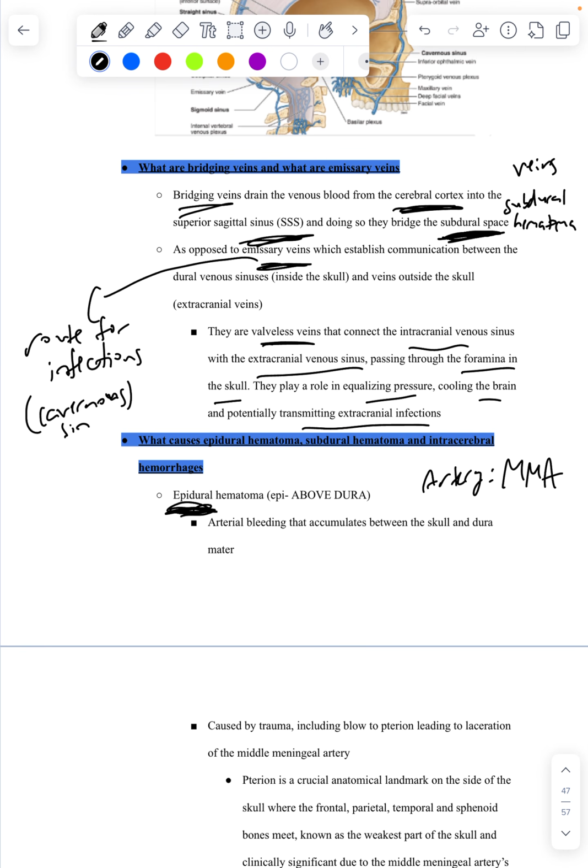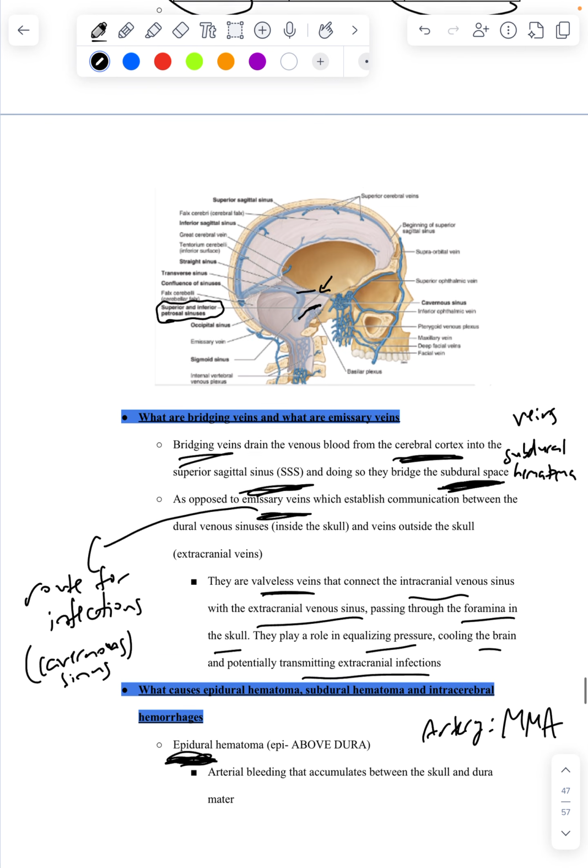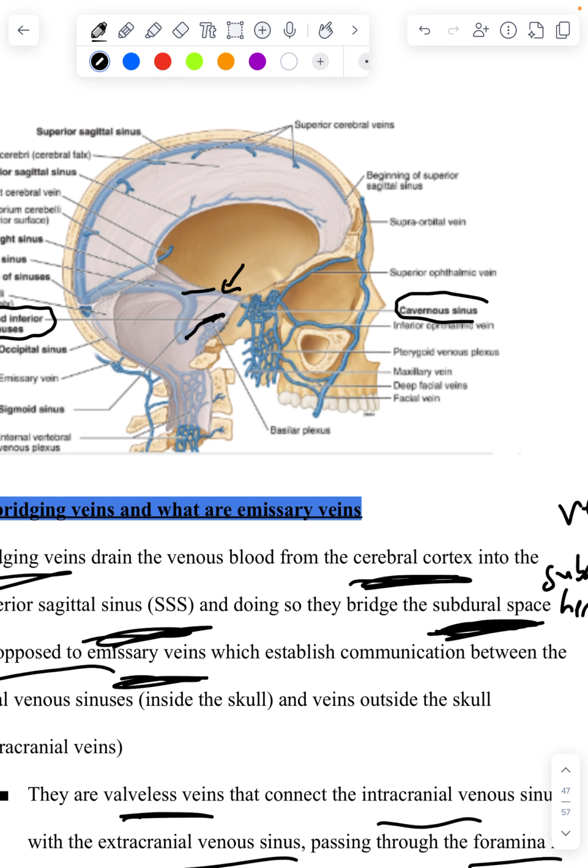Cavernous sinus, and that's this thing right here. This huge sinus. There's this imaginary triangle in the front of your face where if you scratch something or try to pop a pimple on the middle part of your nose or lips, an infection can go back to this cavernous sinus.